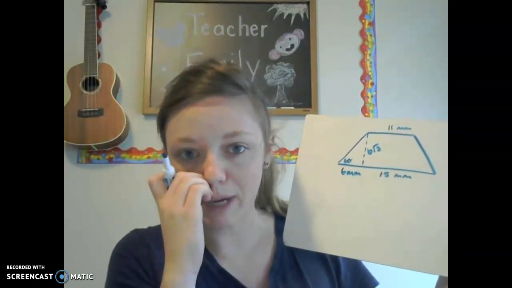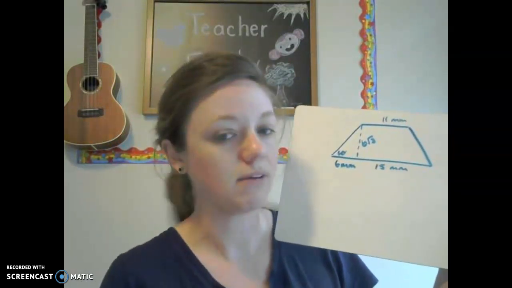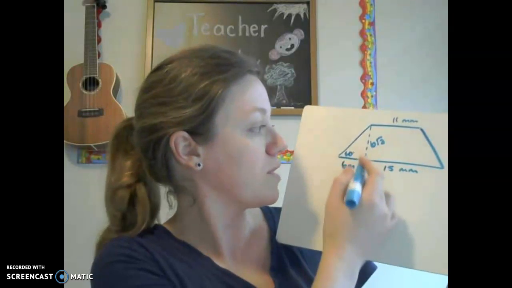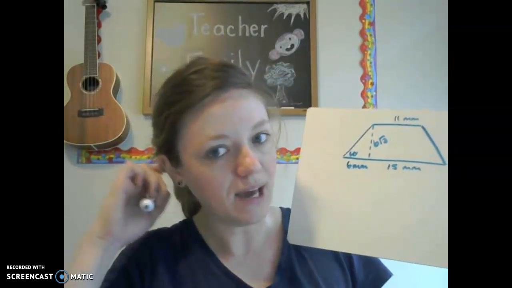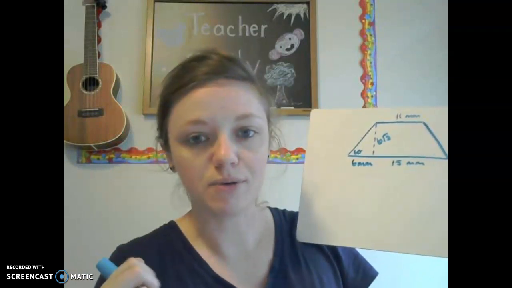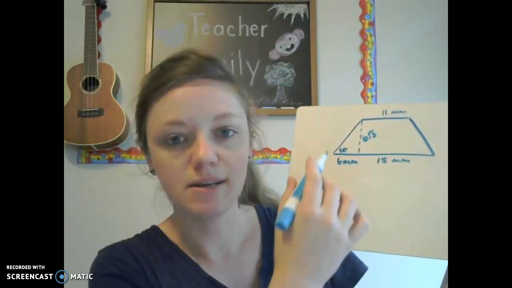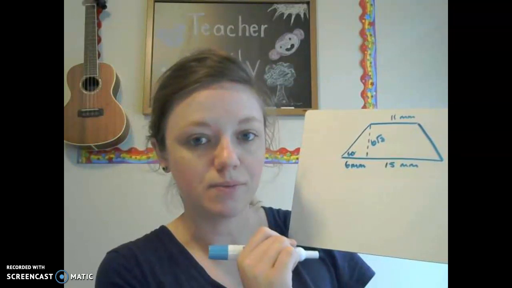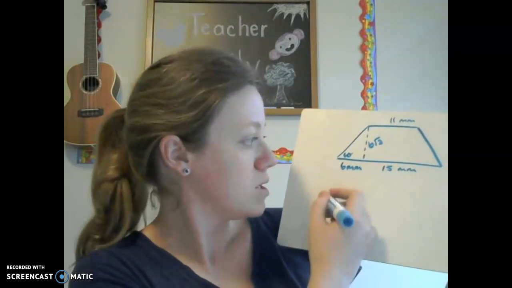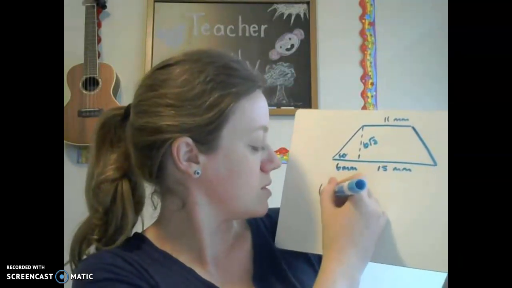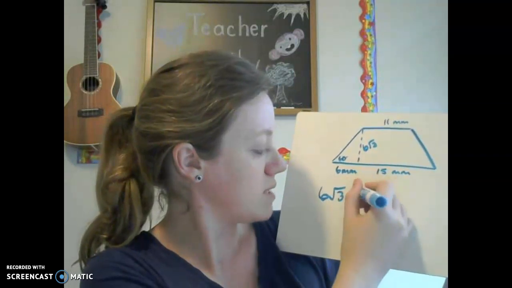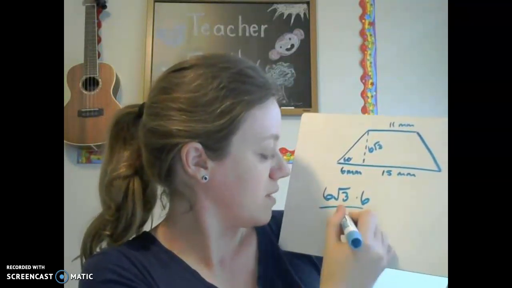So let's just break this figure up into 3 parts to figure out the area. The first thing we can do is figure out the area of this triangle that we were just working with. To do that, we have to use the triangle area formula, which is height times base divided by 2. So we will take 6 times the square root of 3 times 6, and then divide that by 2.